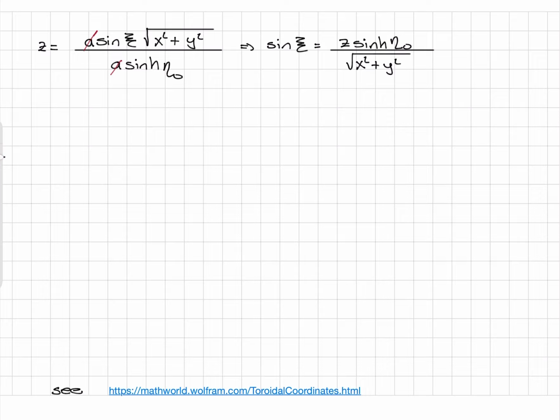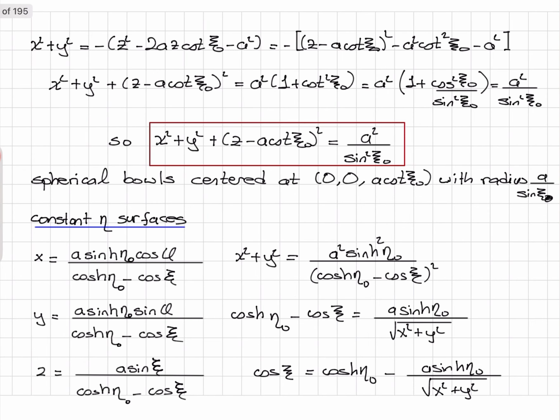Okay. Now we know that sine squared psi plus cosine squared psi must be equal to 1. Now sine squared is z squared sinh squared eta 0 divided by x squared plus y squared. And for cosine psi, I have this.